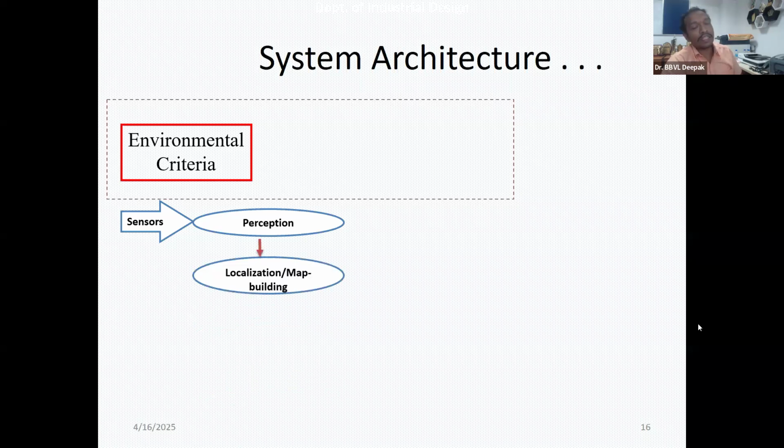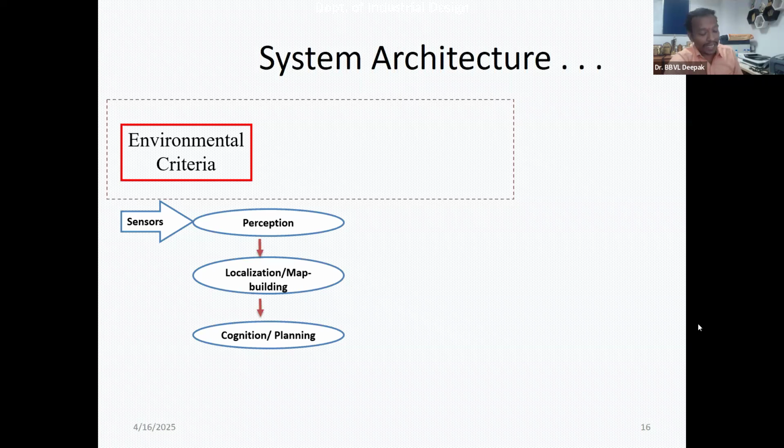Once it gets the environment with certain data, then it will localize: where am I. It has to question by itself, like where am I, so that it can maneuver in its environment. Once it knows its position, then it will plan where I have to move, or what is the action to be done. This cognition or planning, in this case, is the role of artificial intelligence.